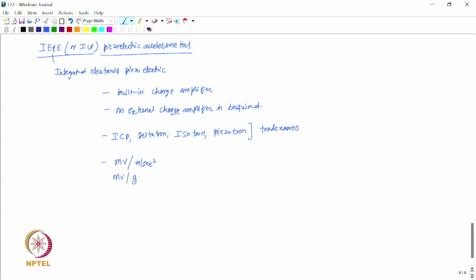For the charge type accelerometers, the sensitivity is in picocoulomb per meter per second square or picocoulomb per g of acceleration. g is 9.8 meters per second square.